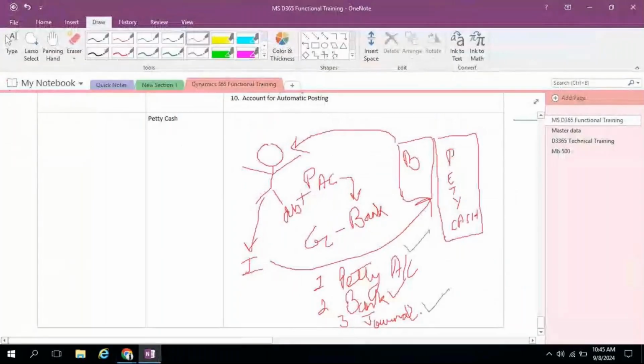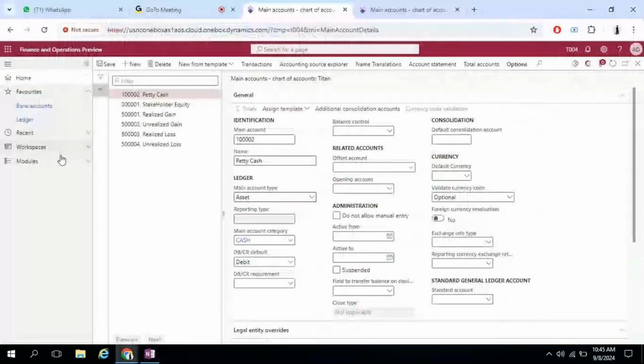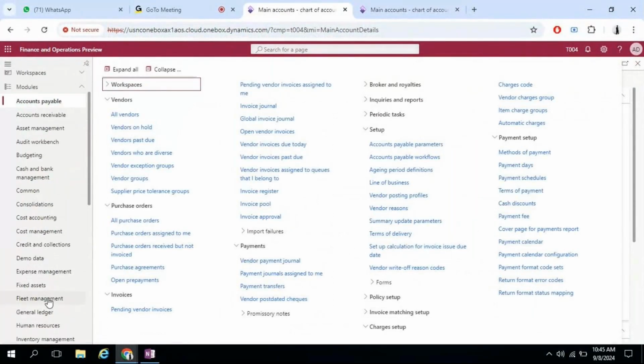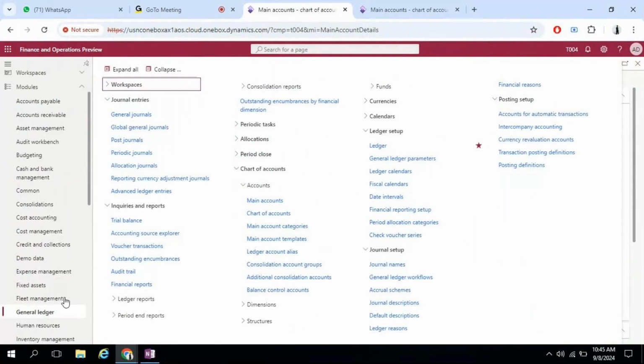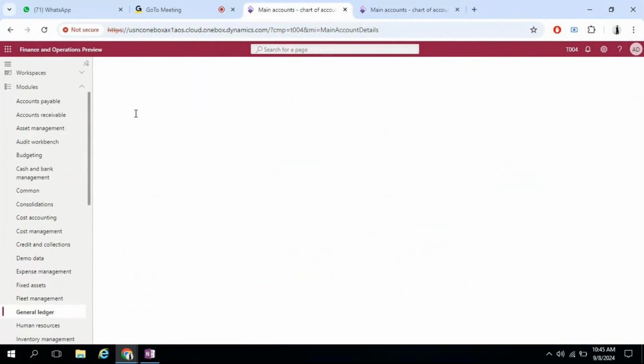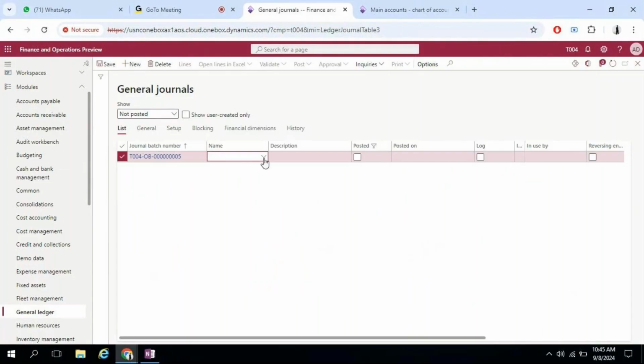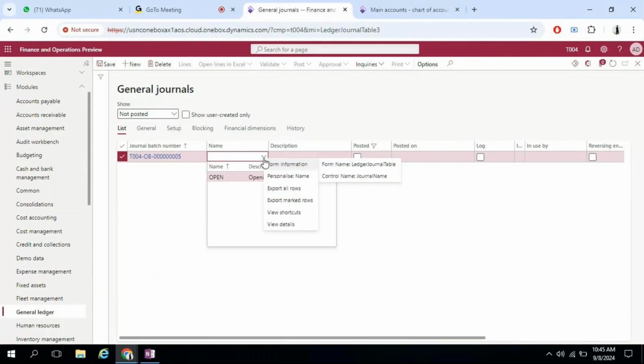Second thing is I need to have a journal. I need to decide from which journal I am going to pass this entry. Okay, so for this you will go to the general ledger module, you go to the general journals, you go to the new, you create a new journal. So the journal is only opening balance right now, but it is not an opening balance.